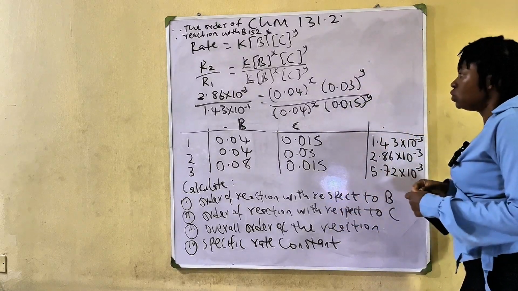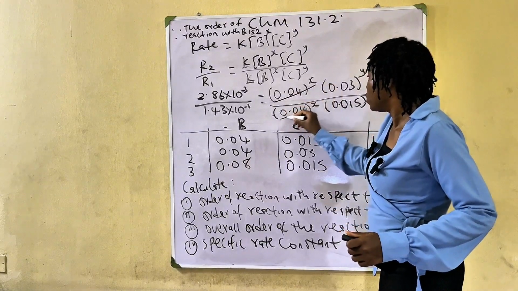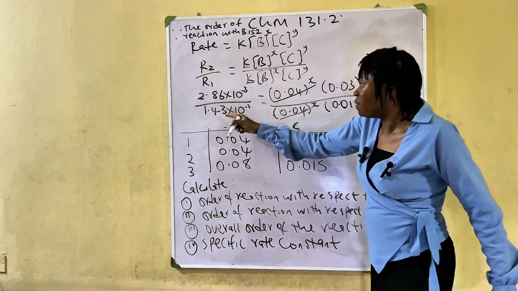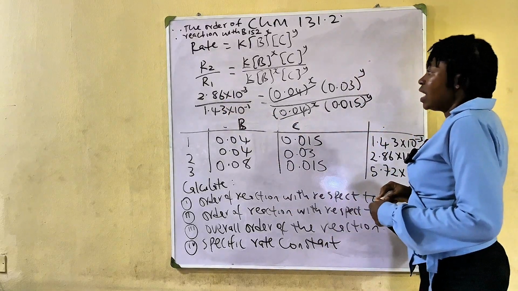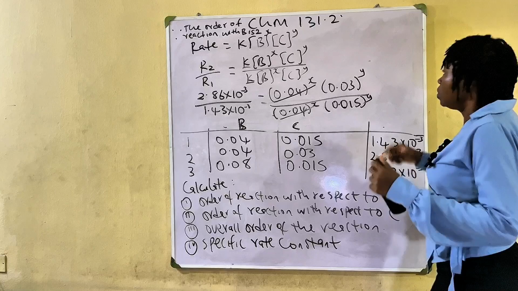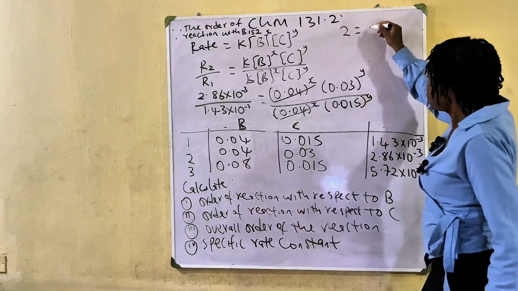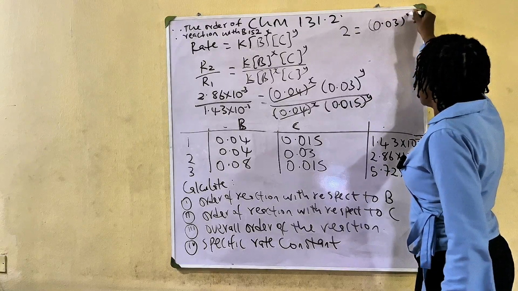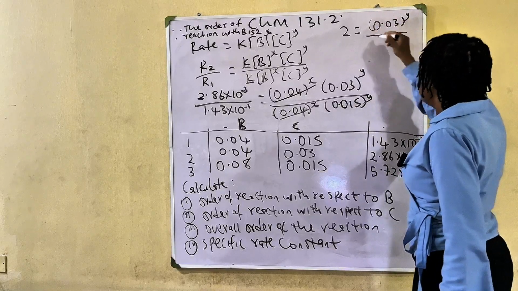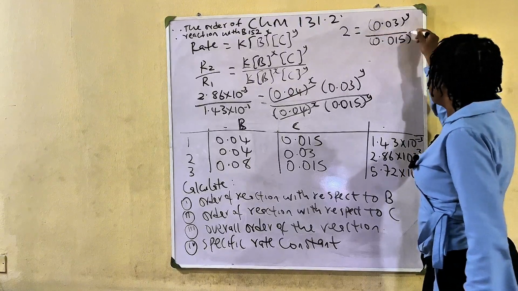So what am I going to do next? Remember, this will cancel out. So this divided by this will give me 2. So 2 is equal to 0.03 raised to the power y all over 0.015 raised to the power y.